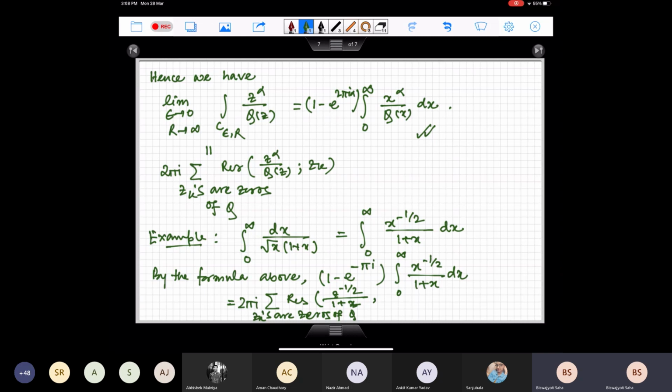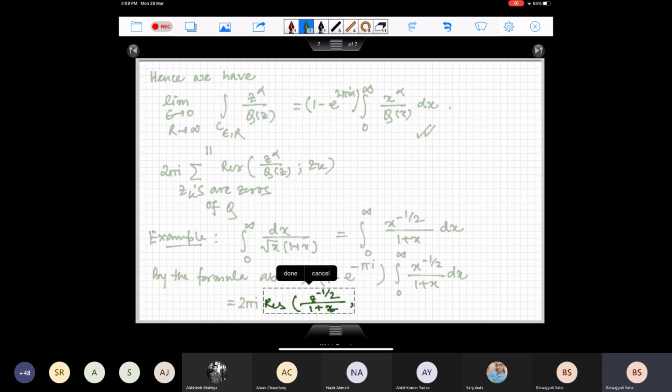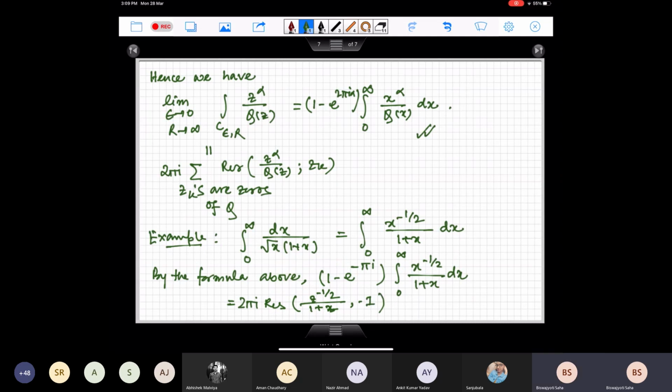I have only one zero here, at minus 1, so I don't really need to put a sum. This is the quantity I have to find out. Once I get this limit, I will be done. Okay, so let us see this quantity.